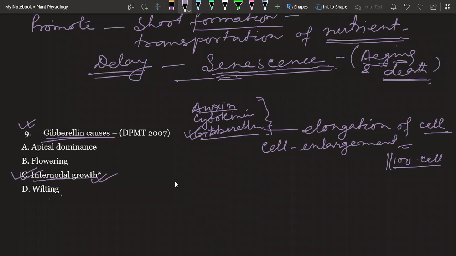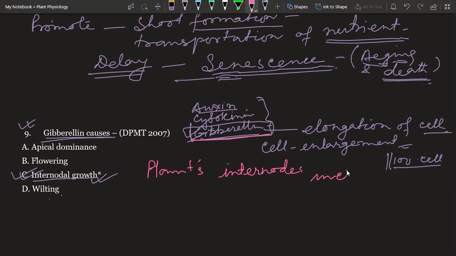And that's why with the application of gibberellin, the plant's internodes increase in length.